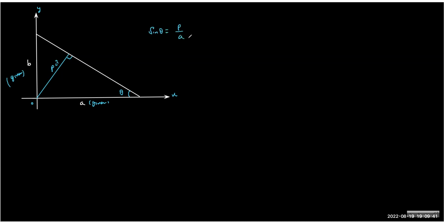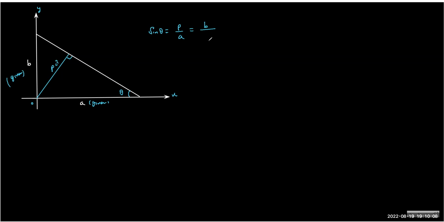It's simple, sin theta. And can we write as P by A? Yes. But if you look at the biggest triangle, we can also write sin theta as what? Sin theta in a big triangle is how much, guys? B by the length of the hypotenuse, right?